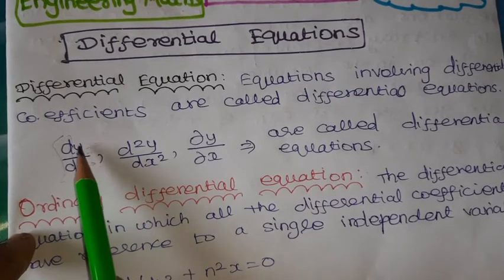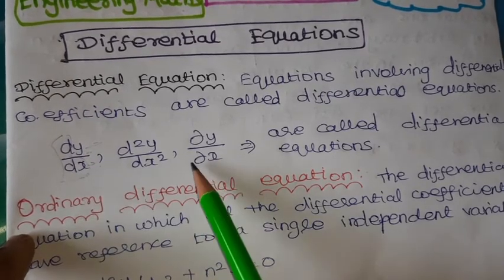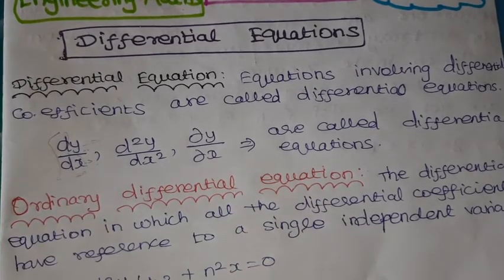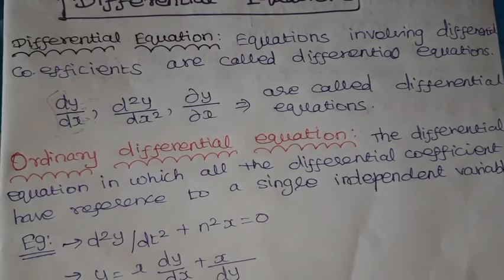So y is dependent on x, where x is the independent variable. Similarly, depending upon the independent variables, we will classify the differential equation as ordinary and partial differential equation. We will see one by one.